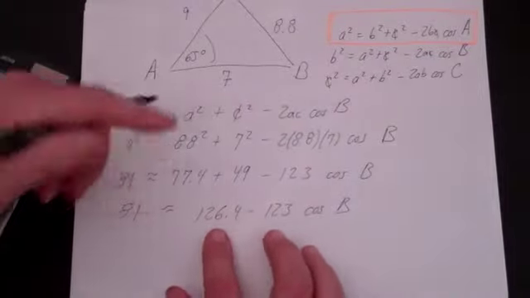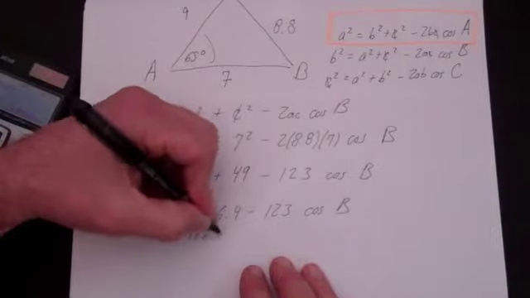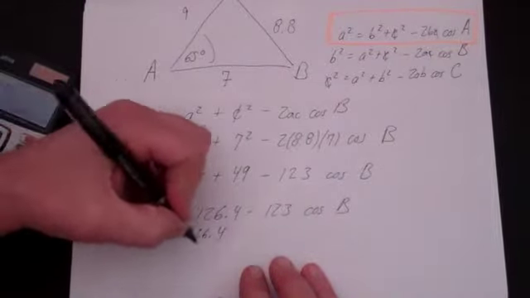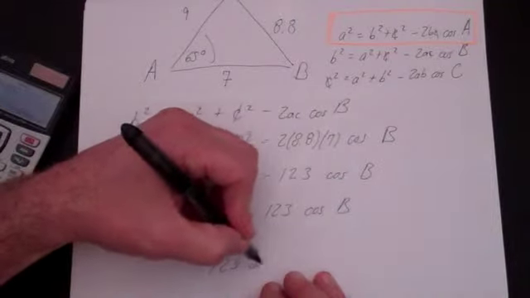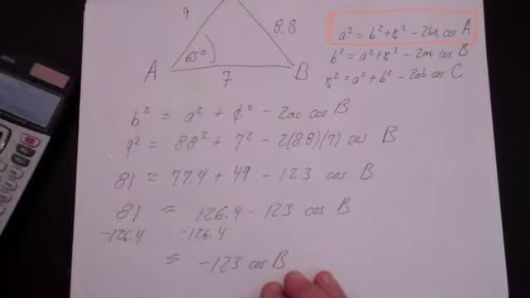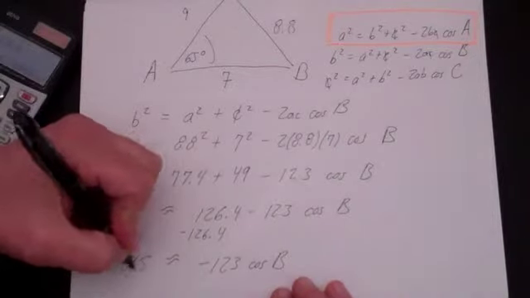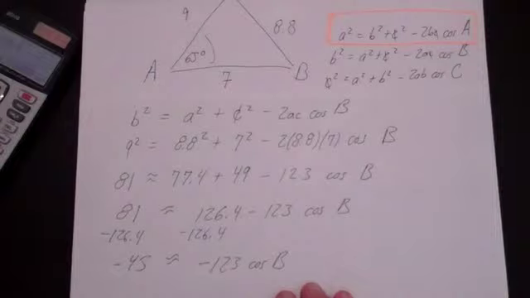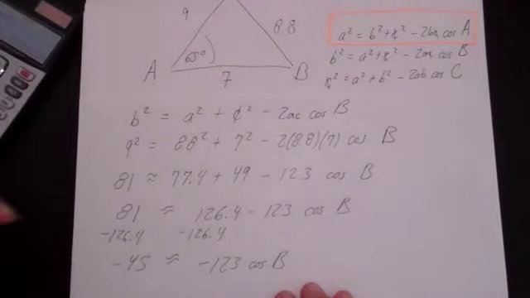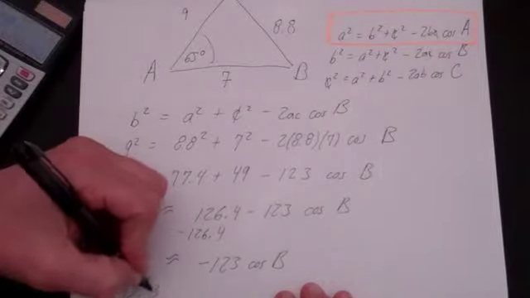I have 81 equals 126.4 minus 123 cosine B. I have to subtract 126.4, and I get minus 123 cosine B equals 81 minus 126.4. That's about minus 45. When I divide, 45 divided by 123 is about 0.37.